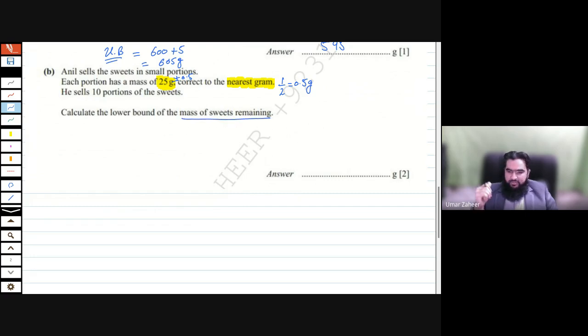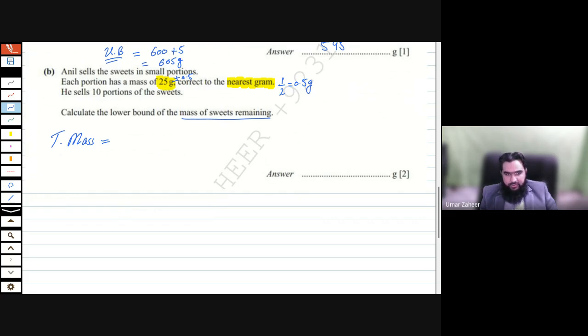Okay, first of all, forget about bounds. Take it like a general question. He says that you have to find the remaining mass. You know that the total mass will be equal to, you are making how many packs?